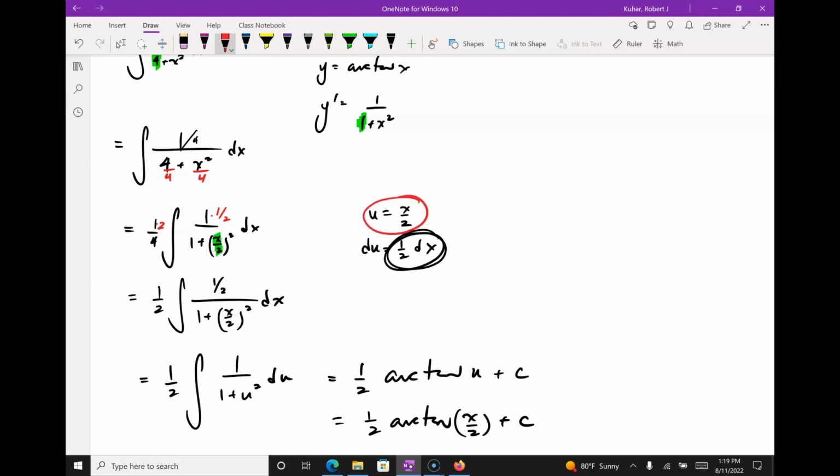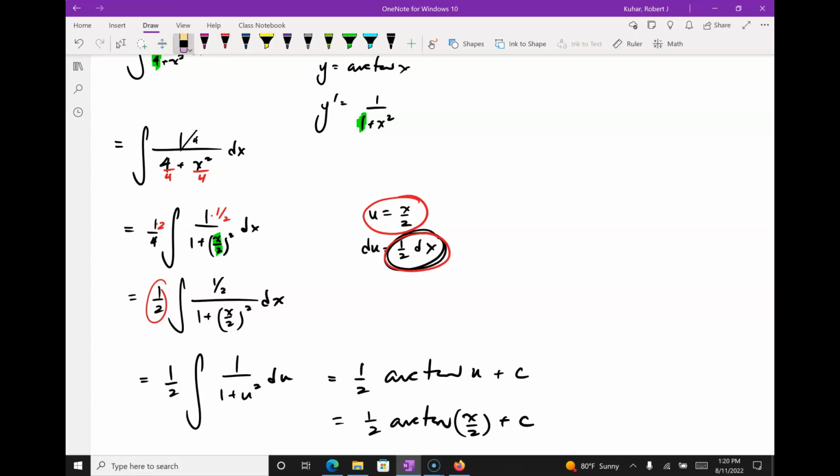So if u is x over 2, du is 1/2 dx. X over 2 is 1/2 x, so the slope is 1/2. But if I said, oh, I need a 1/2, so multiply by 1/2 and then cancel it with the 2, what happens to 2 over 4? It becomes 1 over 2 again. So whichever way you want to do it, that's fine with me.